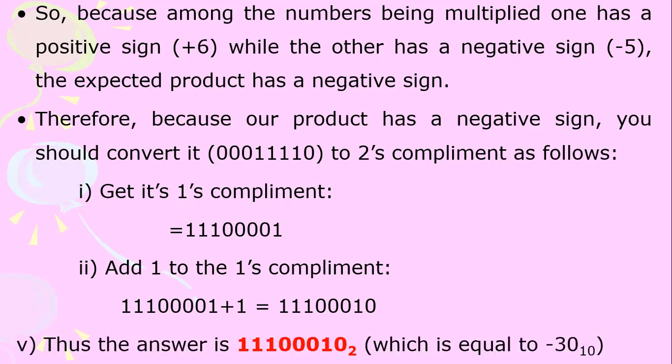Therefore, the answer becomes 1, 1, 1, 0, 0, 0, 1, 0 in binary. And that, my dear students and the rest of the learners, is equal to negative 30 in decimal.